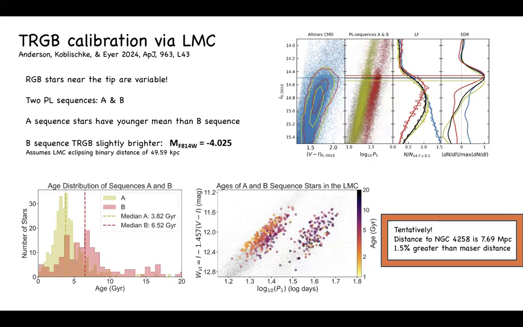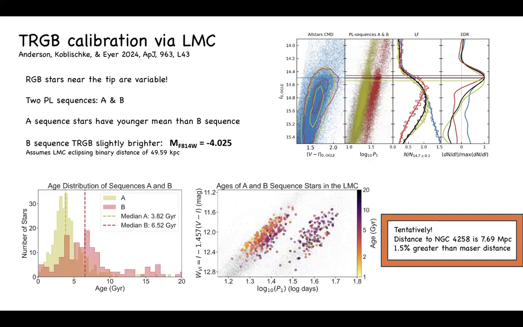And it's turned out that tip of the red giant branch stars are variable. And indeed all, well, as stars approach the tip, they become variable, and AGB stars above the tip are variable too. And it turns out that there's complexity to this.